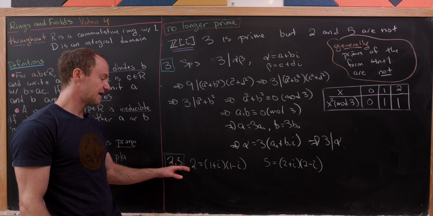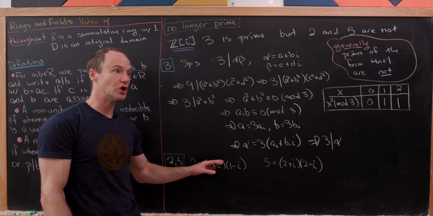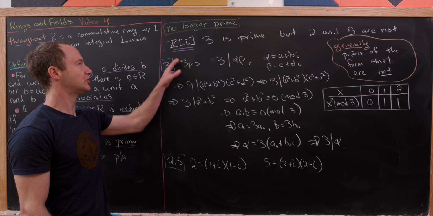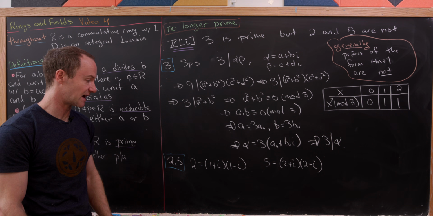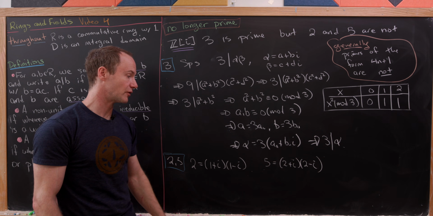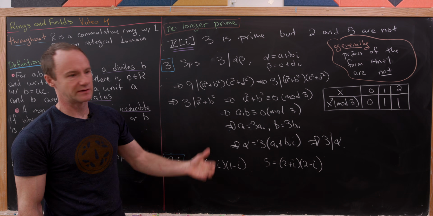But then what we've done is we've exhibited 2 as a factorization, including no units. Recall that our units inside of Z adjoin i are simply plus minus 1, plus minus i. We factored it without units. That means that 2 is not irreducible, but not irreducible implies not prime.